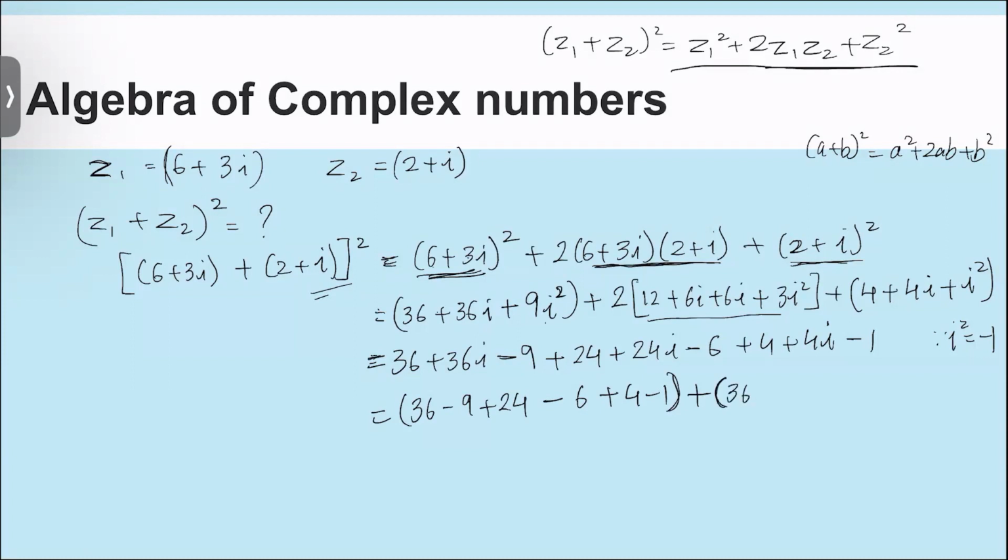So 36i plus 24i plus 4i. If you solve the entire thing, what you are left with is 48 plus 64i.